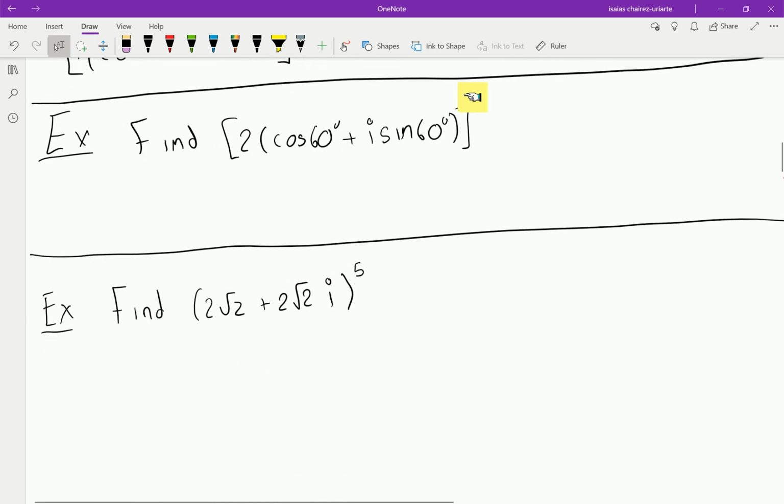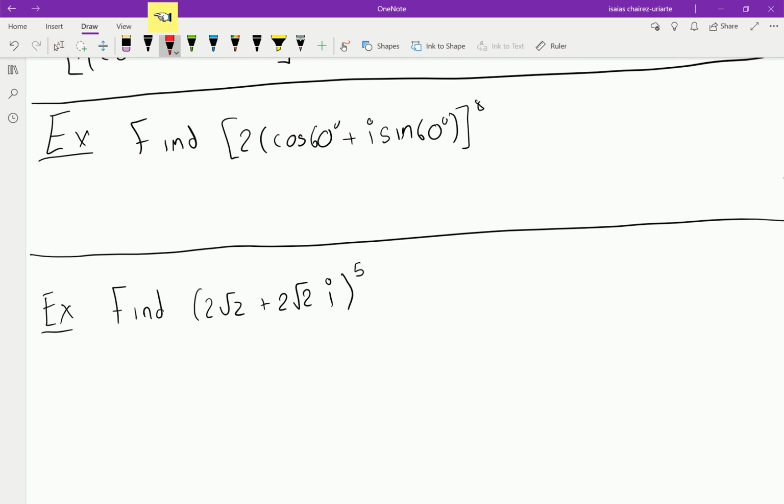Right now what you have to do is raise this complex number, given in polar form, 2 cosine of 60 degrees plus I sine 60 degrees, to the 8th power. Pause the video, take a few minutes, see if you can do it on your own. All right, let's see.